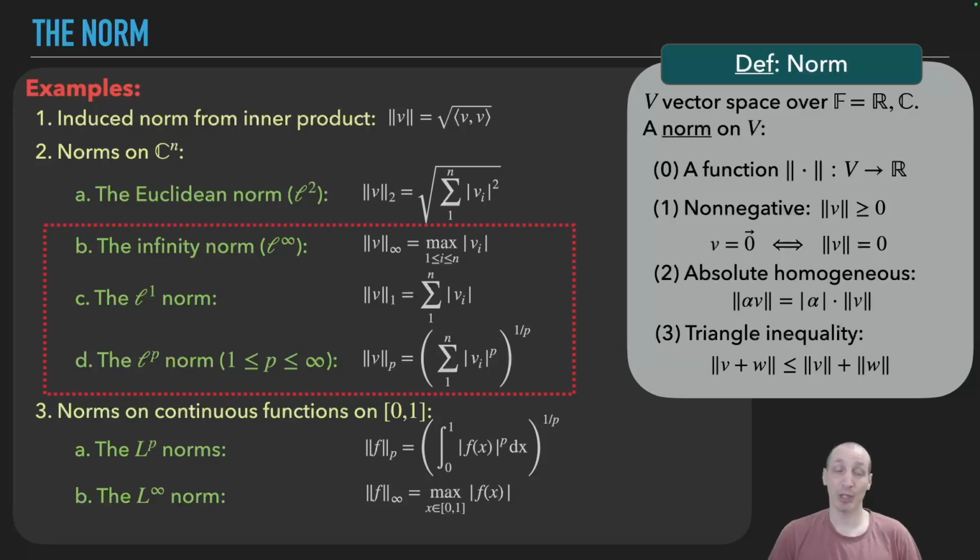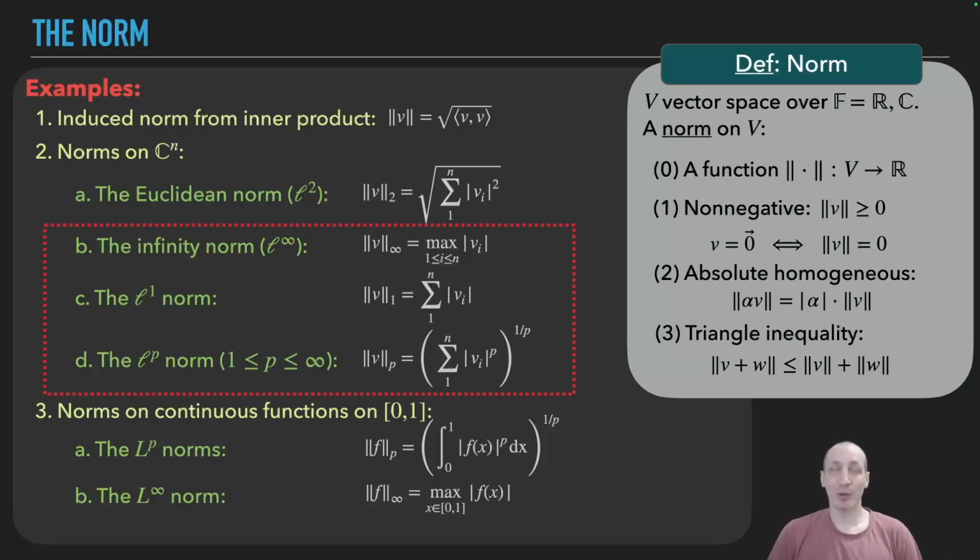By the way, we're talking about continuous functions, so I can actually take a maximum. If we're talking about a more general set of functions, I need a supremum. In any case, we have this L infinity norm. And if you're already familiar with the concept of uniform convergence that you learned about in calculus, then actually uniform convergence is basically convergence in the L infinity norm. So what do I mean by that?